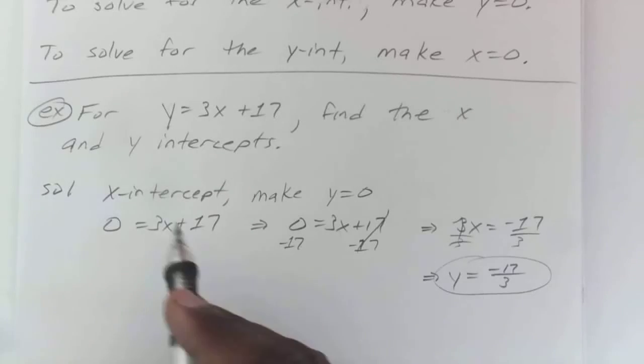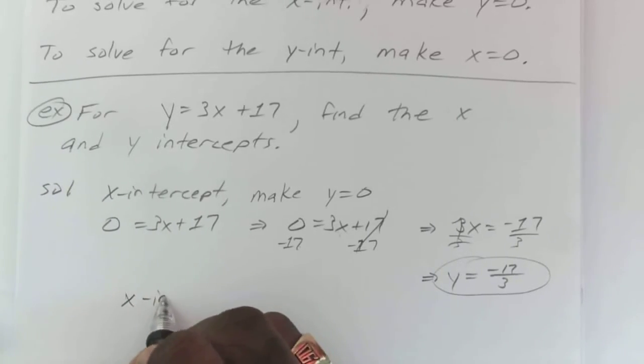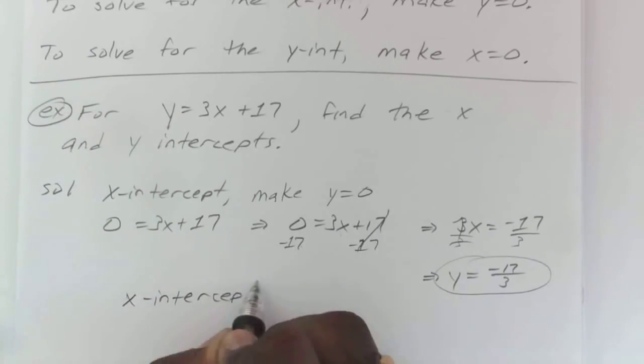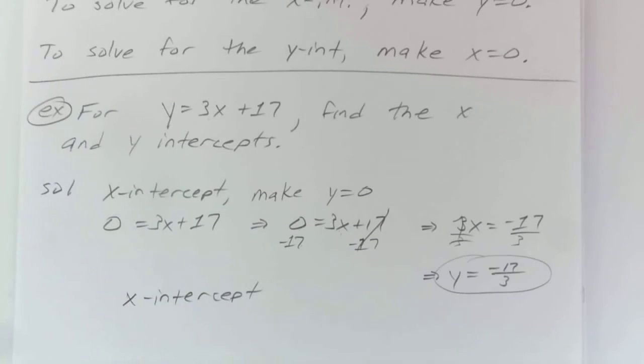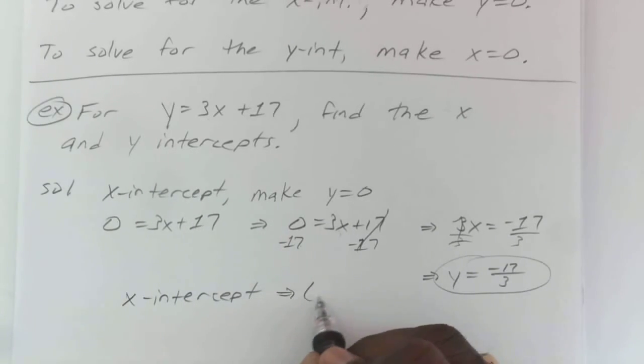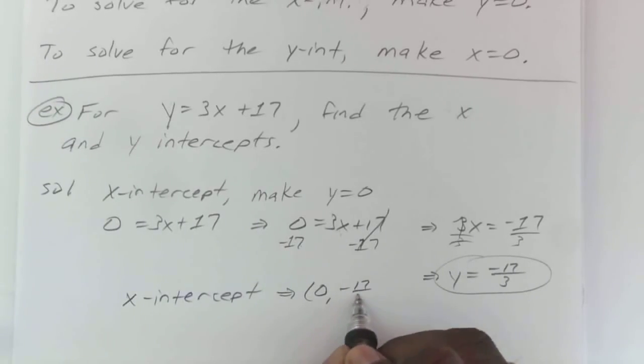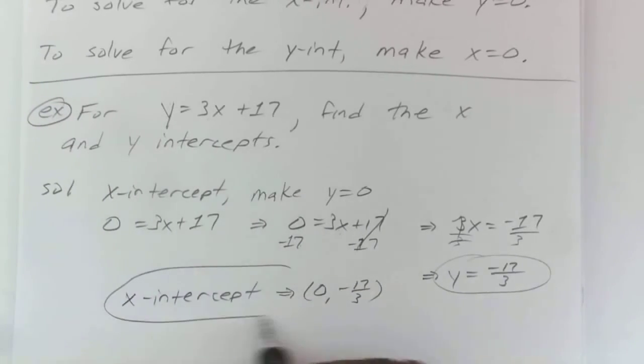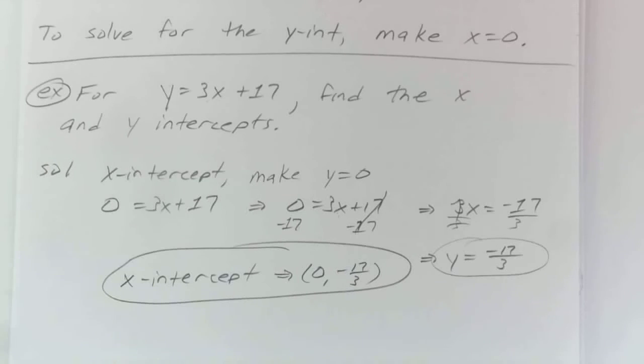So your x-intercept is the point where y is equal to 0 and x is equal to negative 17 over 3. That's the point where, if you drew the graph, it would cross your x-axis.